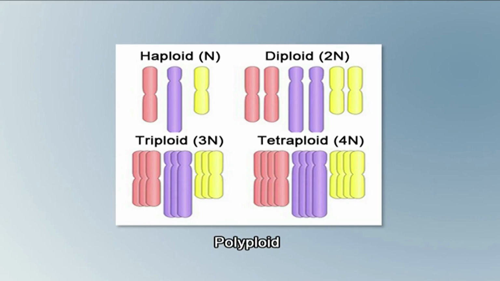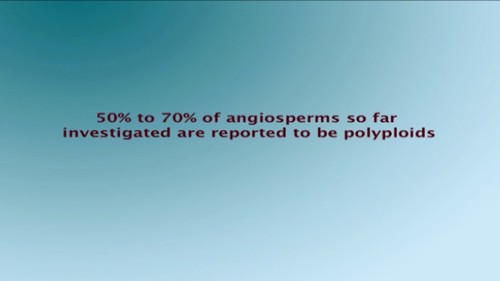When various members of a taxon possess an exact multiple of the basic number of the chromosomes, the series is called polyploid. Polyploidy is widespread in plants. About 50% to 70% of angiosperms so far investigated are reported to be polyploids.